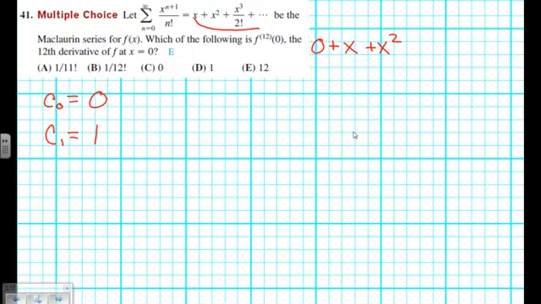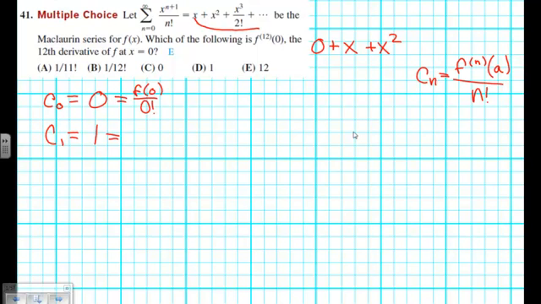Using the formula that we talked about, C sub n is equal to the nth derivative at the center divided by n factorial. It's 0 over 0 factorial and then 1 over 1 factorial. So we could say this is f of 0 divided by 0 factorial. By knowing that this is a 0, we also know that this function has a value 0 at 0.